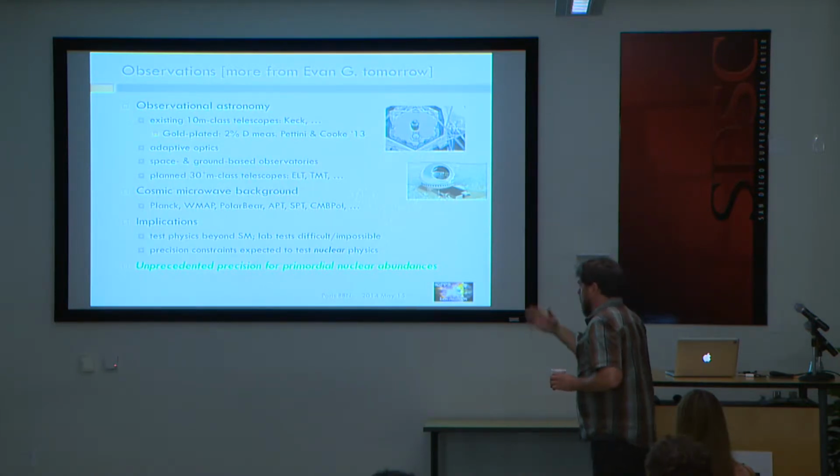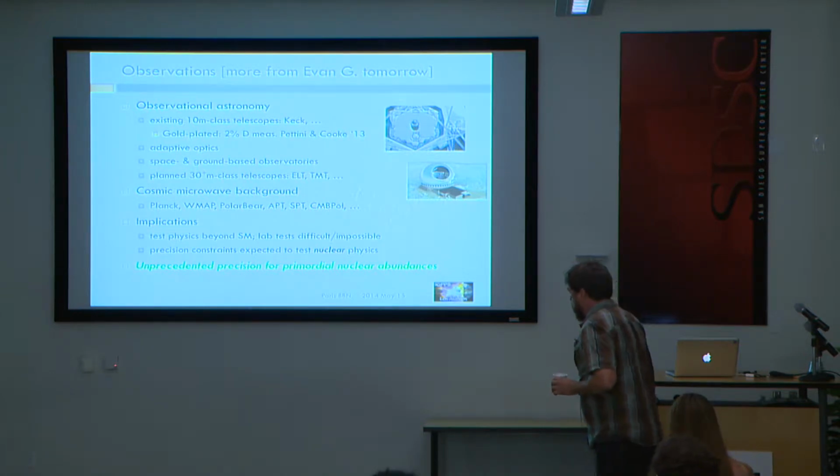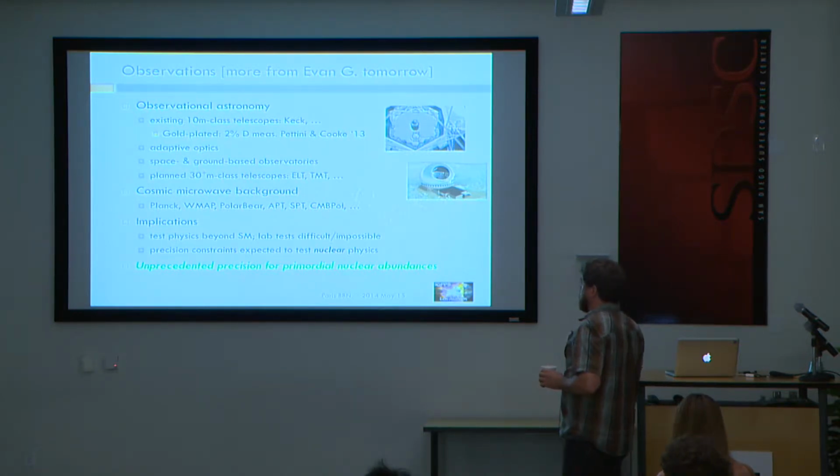Also, you guys probably know a lot more than I do about this, but the CMB is being better and better measured, of course. We have recent results from BICEP2, which I haven't put up there for some reason.